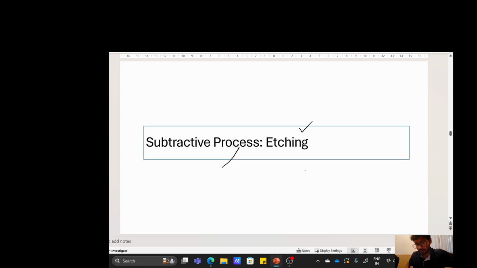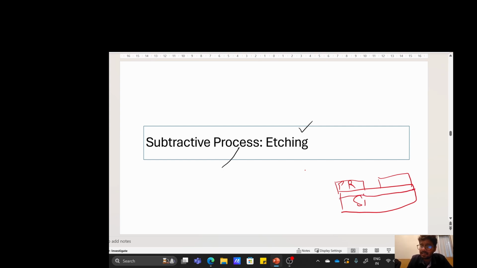Now let's move to the subtractive process. Now what you have done is, you had this kind of wafer, and you have transferred the pattern over the substrate. This is PR, this is silicon, or silicon dioxide, whatever.